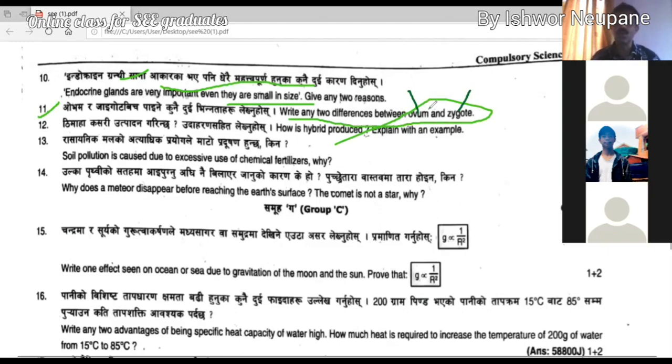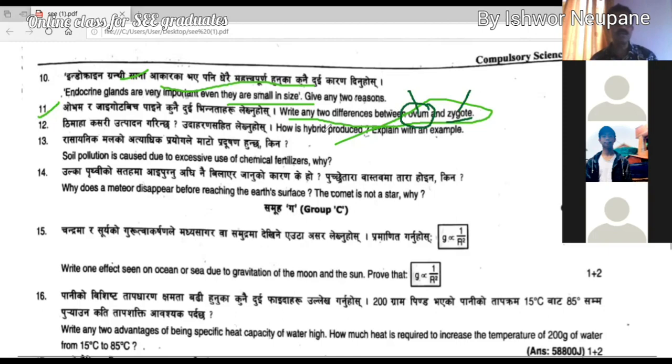Next, ovum is produced by the ovary. Zygote is formed by the fusion of male and female gametes. It's done.